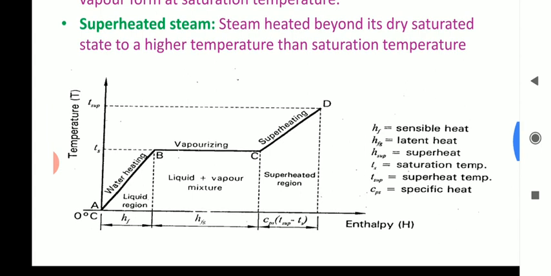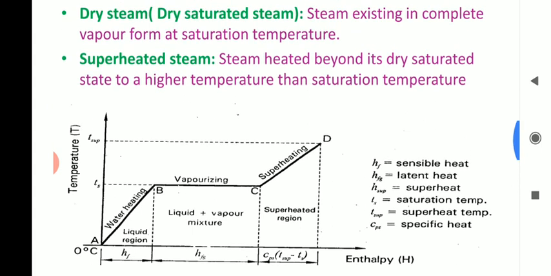And then from the point C, when the heating is continued, the steam is going to be superheated. That means the steam is converted into superheated steam. So in this TH diagram, the line CD is the superheating stage. The steam at any point between C and D is called superheated steam.